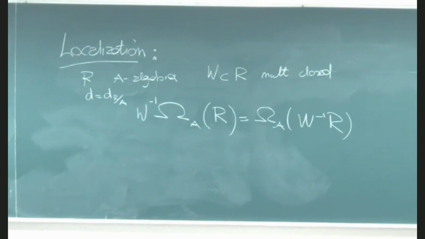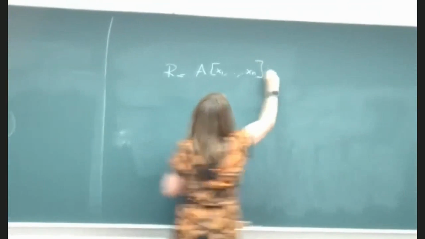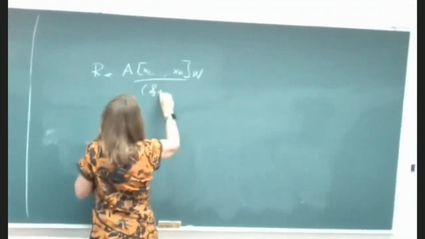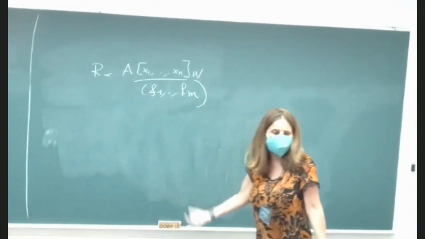And then you localize. You may localize or not, but that's what R is. So R, I can even write it as A[x1, ..., xn] localized at W, over the ideal, let's say, (f1, ..., fm). So this would be a ring.